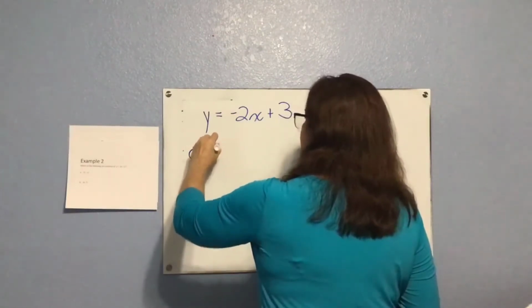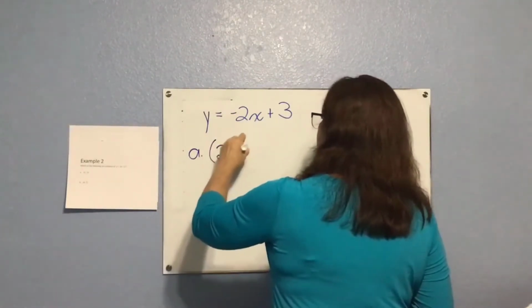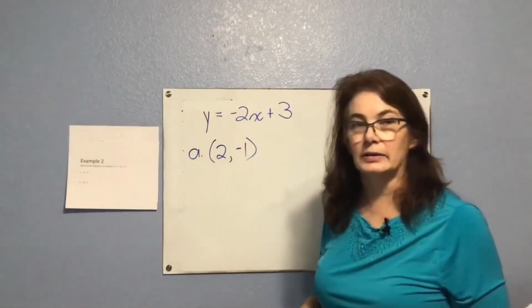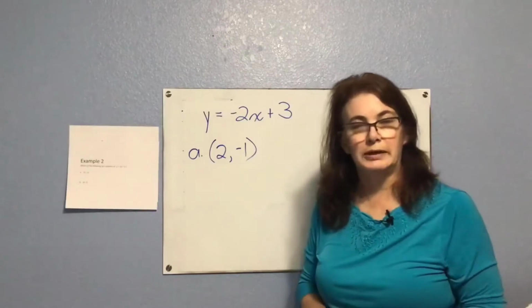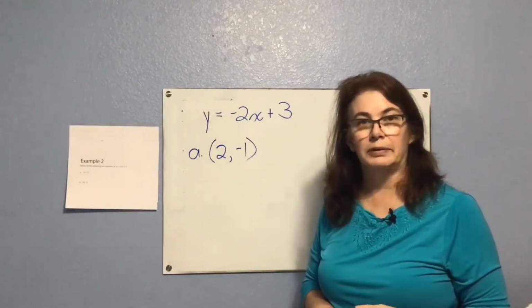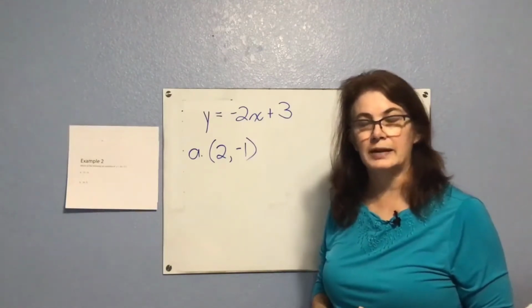The first one is 2, negative 1, and to determine if that's a solution, all I have to do is put the 2 in place of the x and the negative 1 in place of the y and see if I get a true statement.